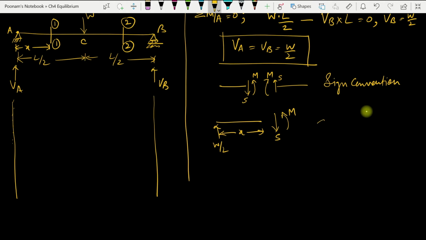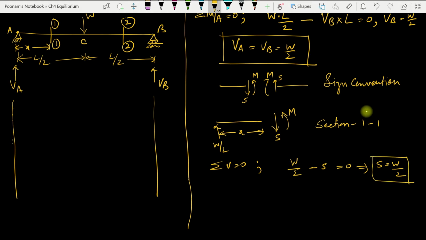Now if I apply the equation of equilibrium to this section, all the vertical forces equal to 0 will give me W by 2 upward minus S equal to 0. I want to find the value of S. So it gives me S is equal to W by 2. That is positive. So for span AC, my shear force is positive and constant, and it is equal to W by 2.